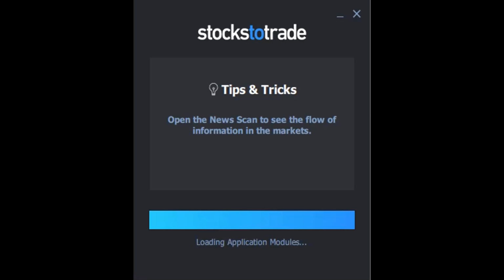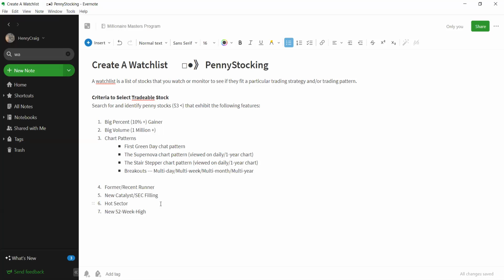All right, for today's exercise, we'll be looking at stocks priced, let's say, a penny and 10 cents.